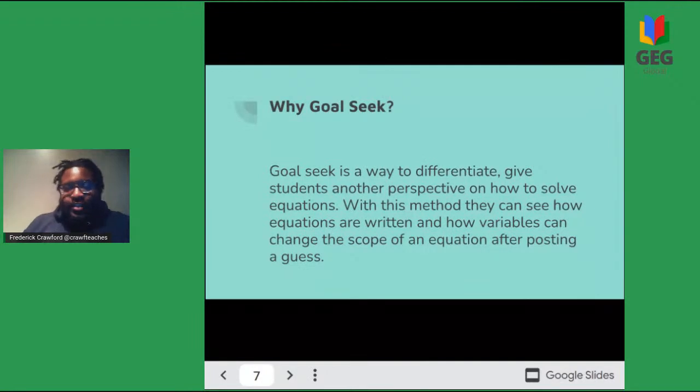For instance, when it comes to solving equations, a lot of people normally think that a 2x is just a 2 with an x, when it's really 2 times x.